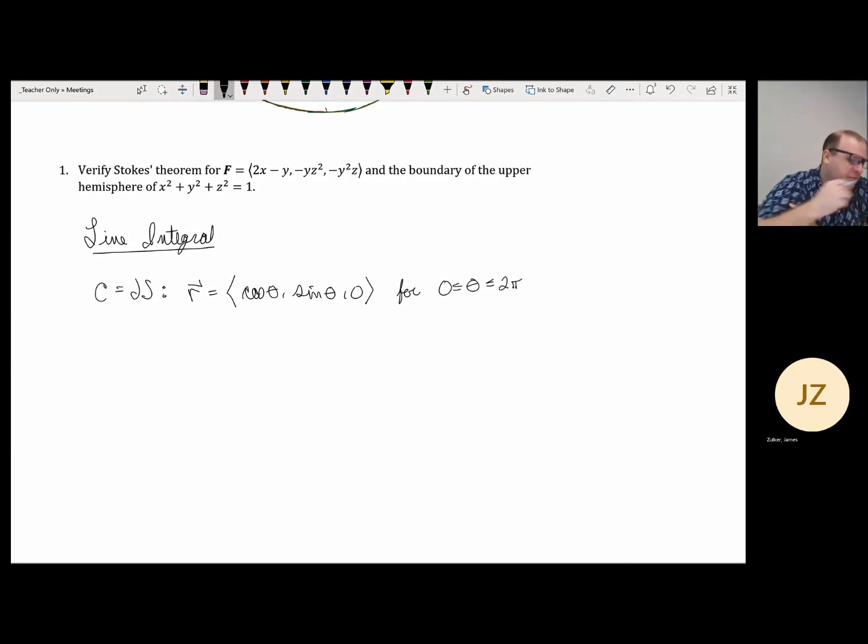So that is parameterized by cosine theta, sine theta, 0. Assume positive orientation, so counterclockwise, 0 to 2 pi.